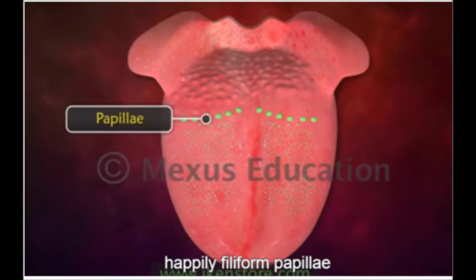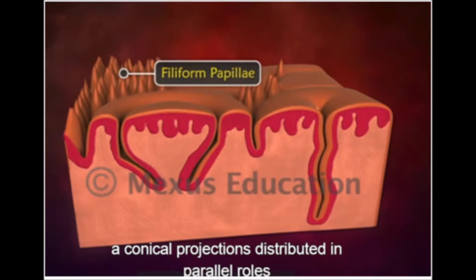The surface of the tongue is covered by a mucous membrane lined by stratified squamous epithelium. The upper and lateral surfaces of the tongue remain covered with various types of papillae. Filiform papillae are conical projections distributed in parallel rows over the anterior two-thirds of the tongue.